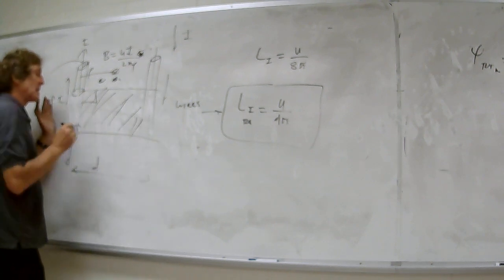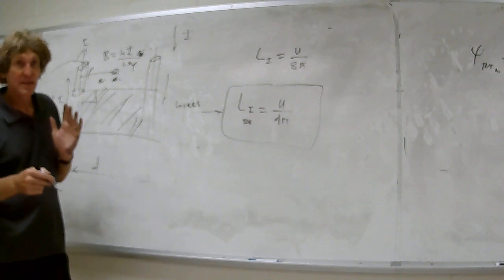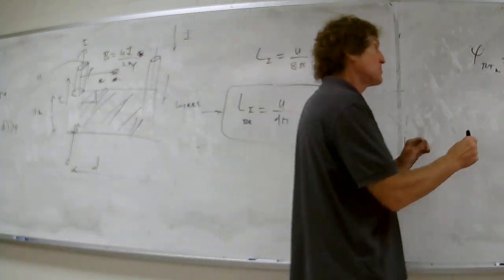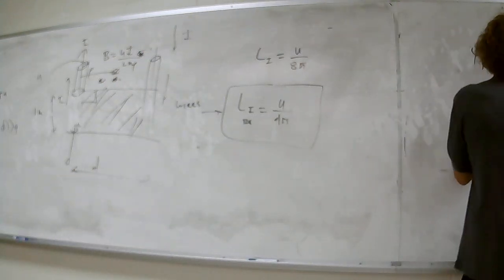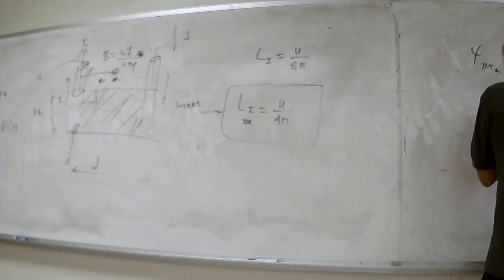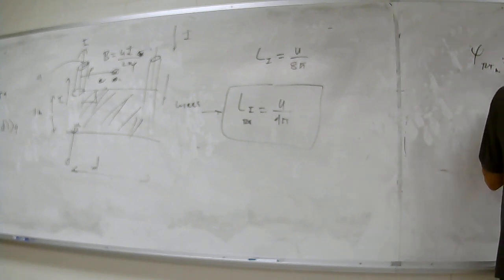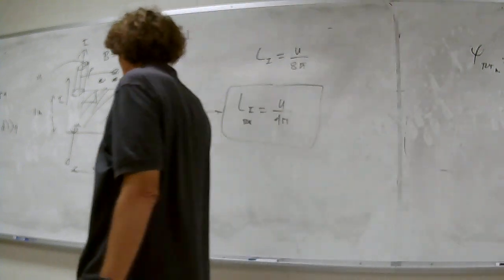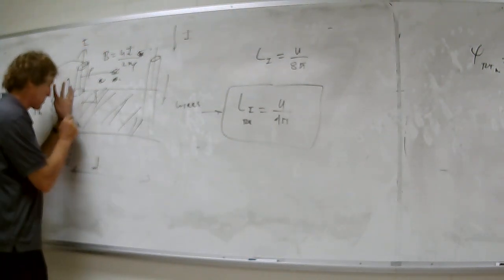Now we've got to multiply that by a differential surface and then do the integration twice. So the B field itself is mu, mu 0 if it's there, over 2 pi rho, in the A phi direction. The differential surface is what? Think about this. We're going to stay in cylindrical coordinates.